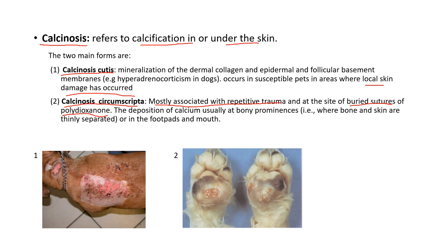The deposition of calcium usually occurs at bony prominences where bone and skin are thinly separated, or in foot pads and mouths. This is, for example, a foot pad or paw. There is also calcification in that area due to repetitive trauma.